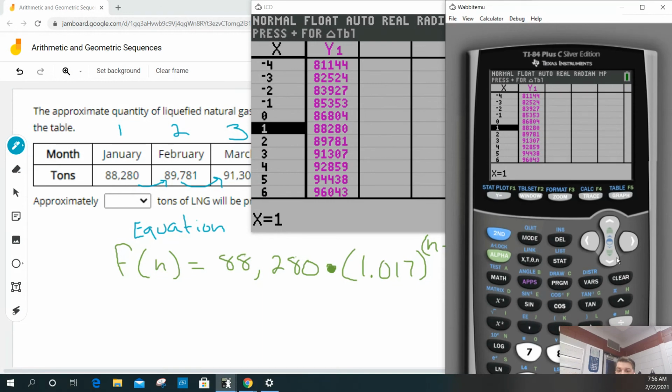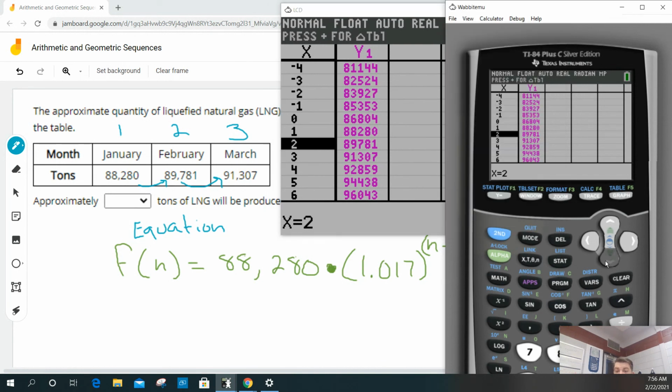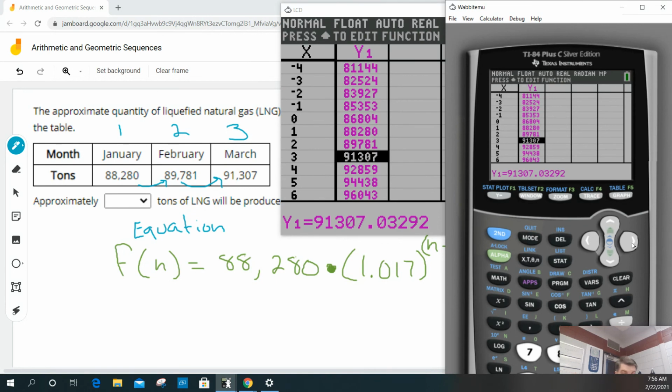And then on the second month, which is February, I've got 89,781. So that's important to check. And then on the third month, I have 91,307. So my formula works for the first three.